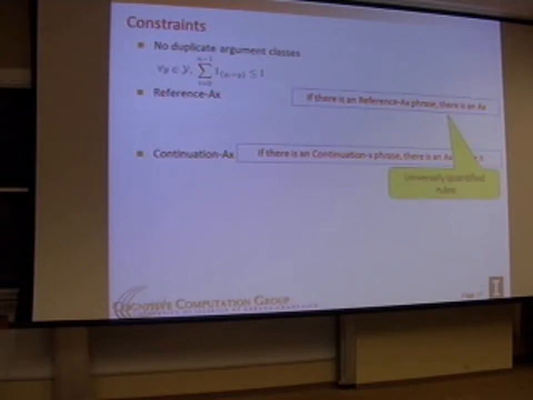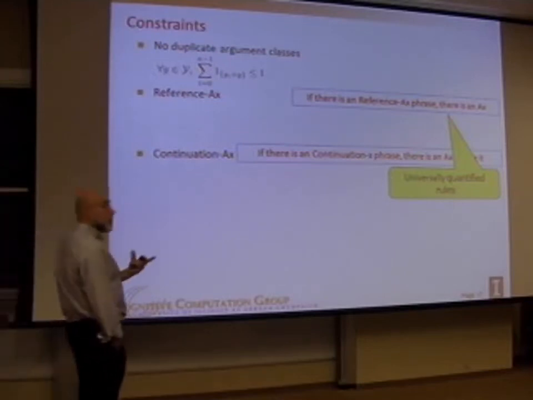Or I can say things like, if I have some argument of this type, I must also have some argument of another type in the sentence. Or if I have an argument of this type, I must have somewhere to the left of it an argument of another type. Notice that these constraints are actually universally quantified rules.